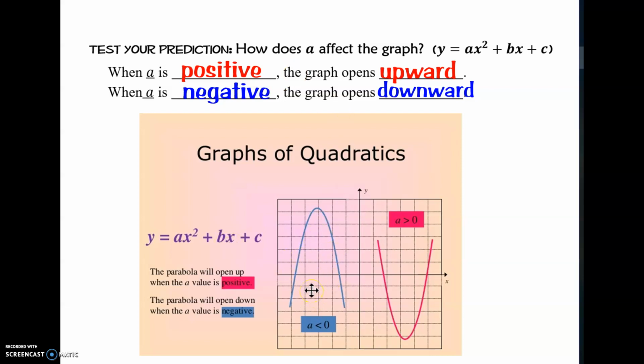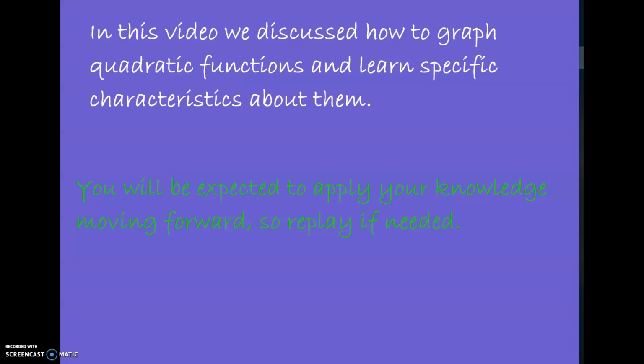It almost looks like a lowercase n if you were to have to pick a letter in the alphabet. This is really important to know so that your graphs can identify with the a value in their equation. Remember, positive facing up because we're being positive, and negative facing down because we're being negative.